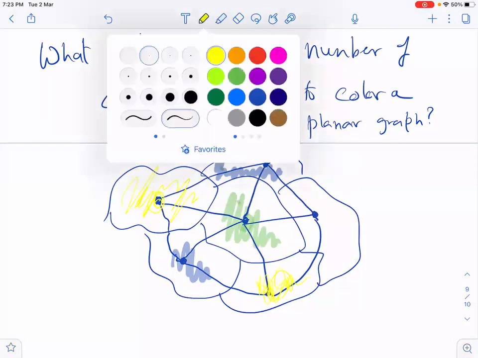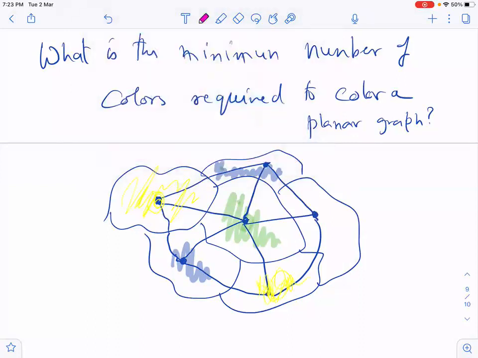But then this vertex has to be colored, say, pink or something like that. So if I give you a proper coloring of a map, it is the same as a proper vertex coloring of a planar graph. Okay, so a map's connectivity can be represented as a planar graph.